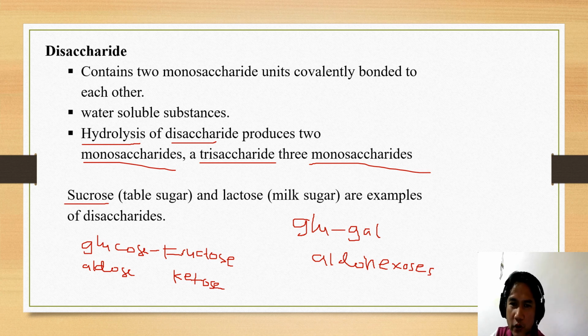So when sucrose is hydrolyzed, when we eat food containing sucrose in our small intestine, this bond is broken. The breaking of bond is called hydrolysis. So when we drink milk, lactose is present in milk. So in the small intestine, the glucose and the galactose separate.